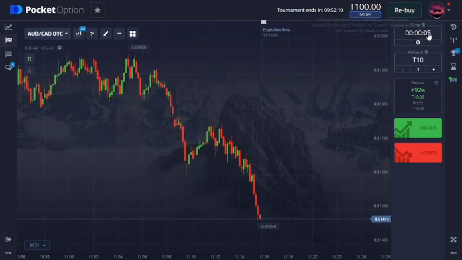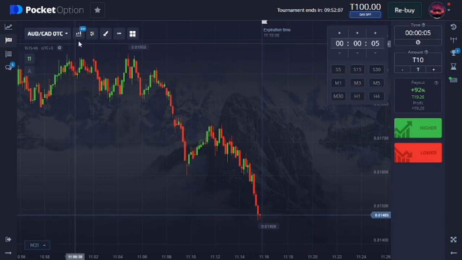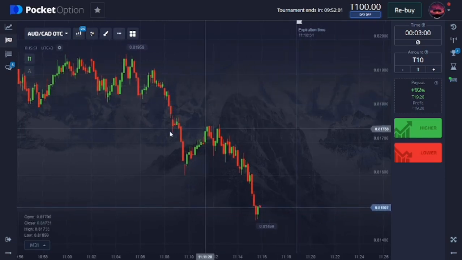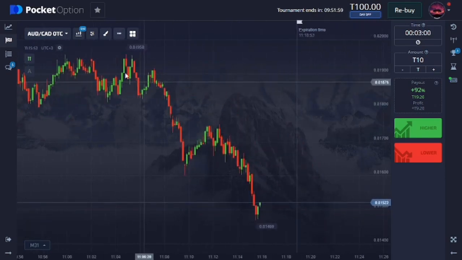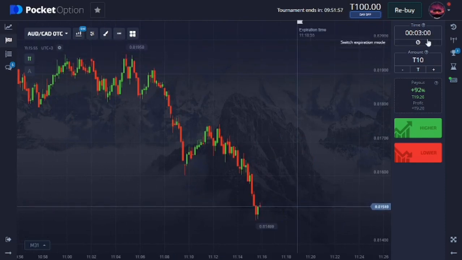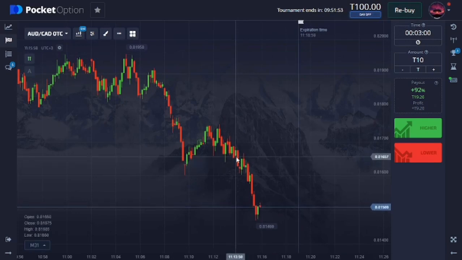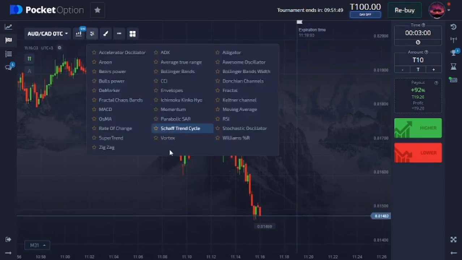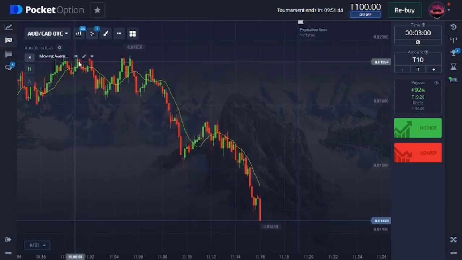So next, your expiration time should be more than 3 minutes, okay, because if it is too short, then we will lose. So after that, we will add our indicators. The first one is moving average.